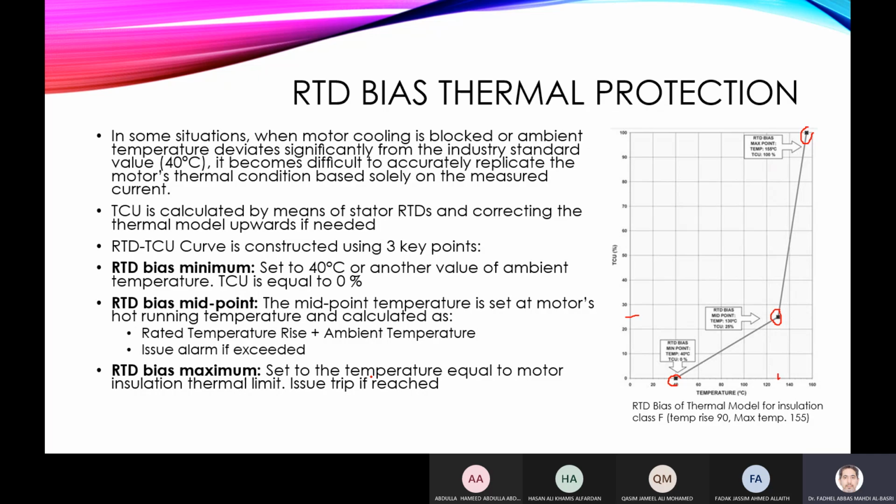We have class F, class H insulation. Each of them has a temperature limit. For class F, for example, the maximum limit is 155 degrees. So when the temperature sensed by this RTD is 155 degrees, it means you reach 100% thermal capacity, and you have to take action.